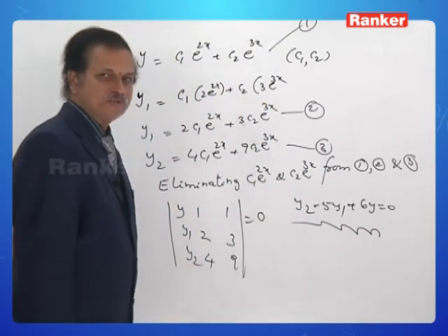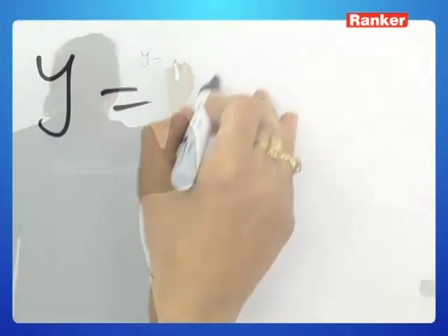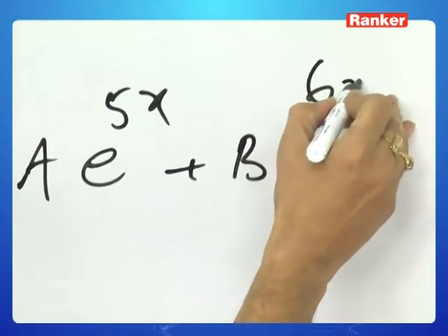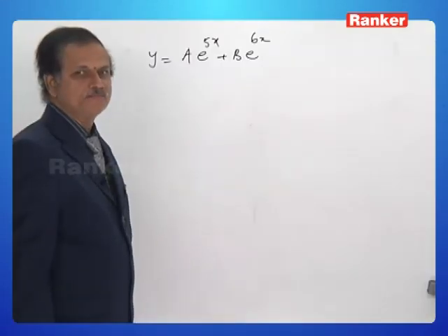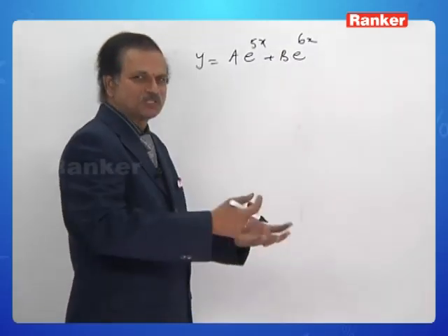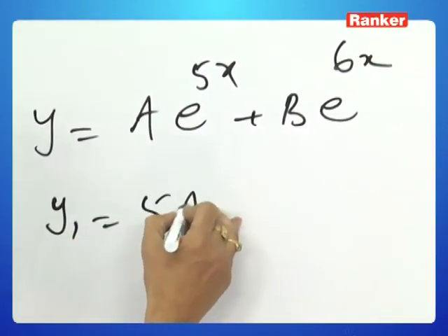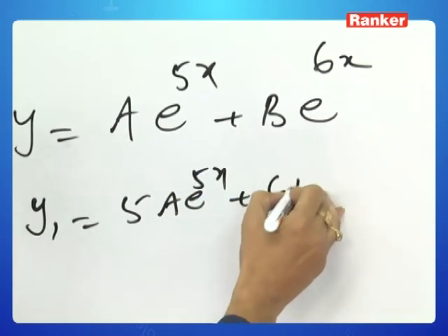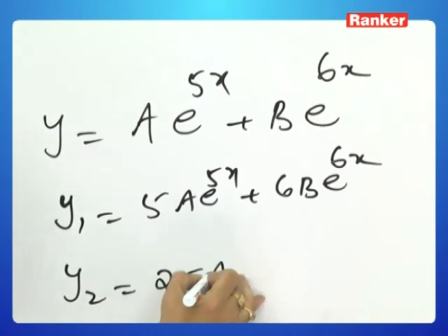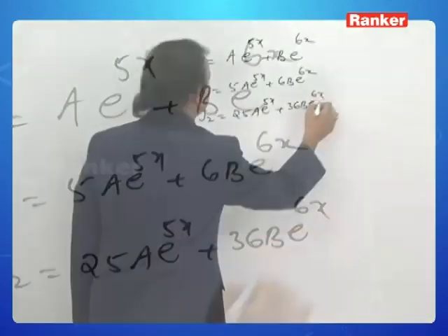Well, let us observe one more such thing. y is equal to a into e power 5x plus b into e power 6x. A similar problem of the previous type. There is a small hint involved here. We shall explore that hint. Look here. What is y1? 5a e power 5x plus 6b e power 6x. What is y2? 25a e power 5x plus 36b e power 6x.